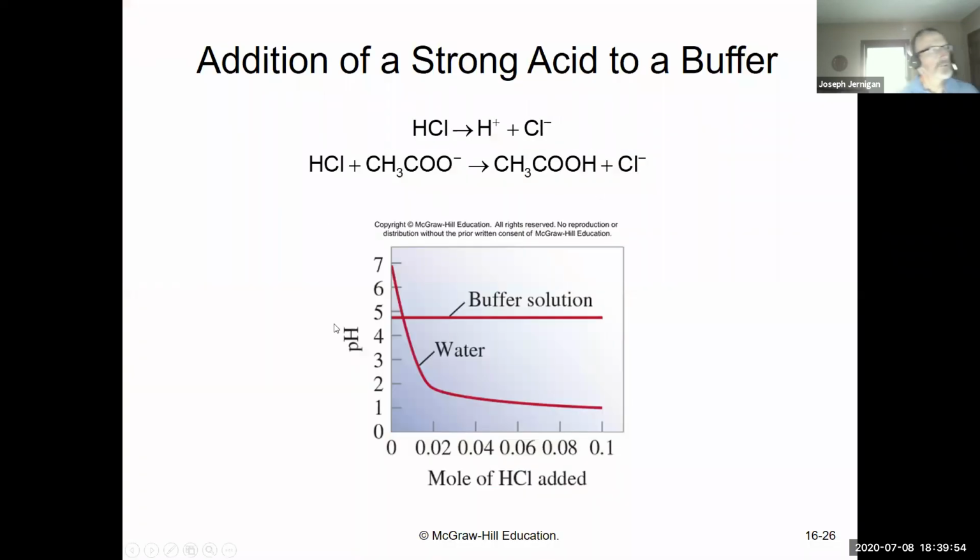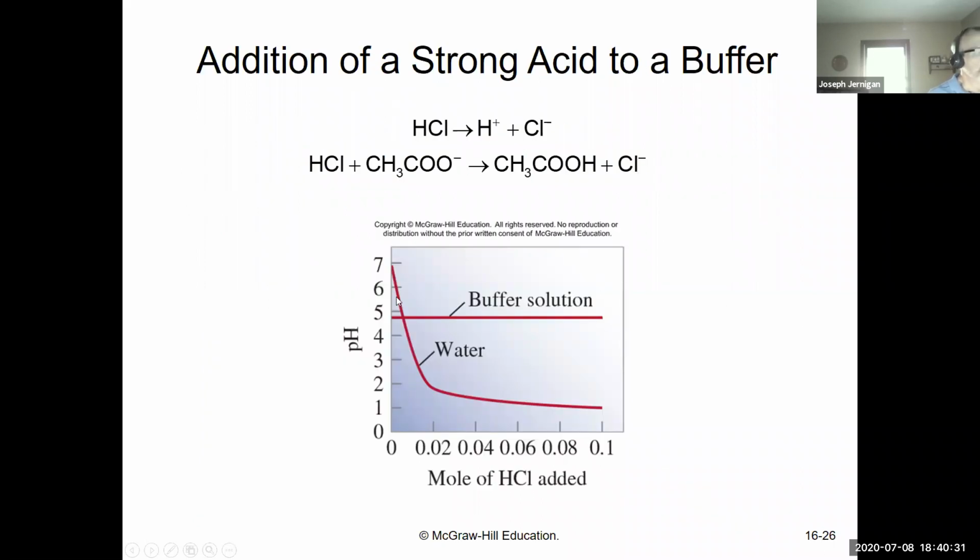Addition of a strong acid to a buffer is shown schematically here. The buffer solution is at around 4.7, and this is our acetate buffer. It shows that you can add moles of HCl, and as long as you don't add too much HCl to outrun the buffer capacity, the buffer solution is going to maintain a very controlled pH.